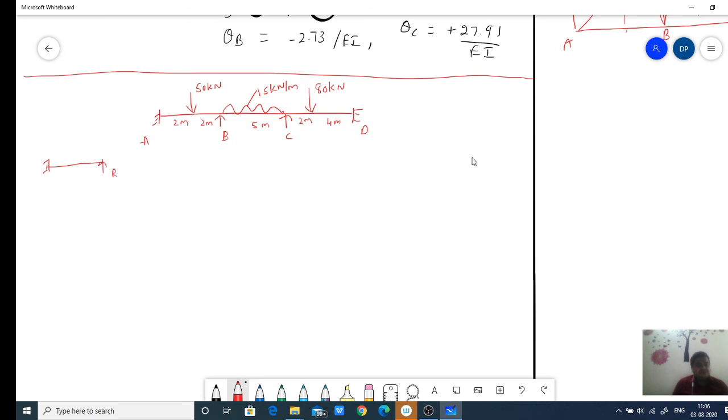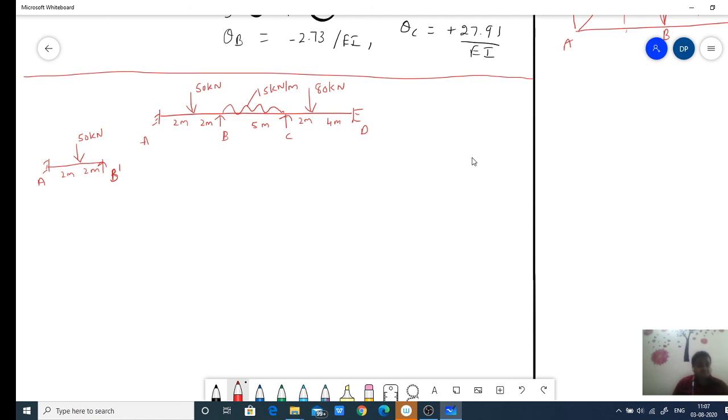This I will call B dash, and this is A, and here I am having a point load. This is 50 kilonewton, and this is 2 meter and this is 2 meter. With respect to that, when I am calculating, how do I write the values?